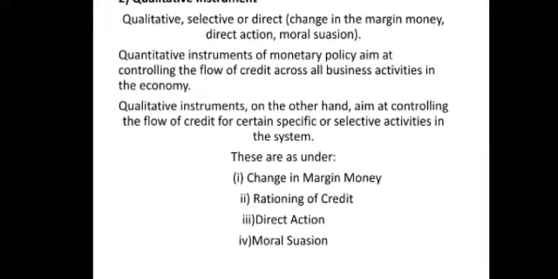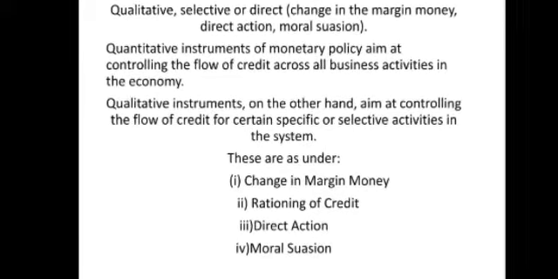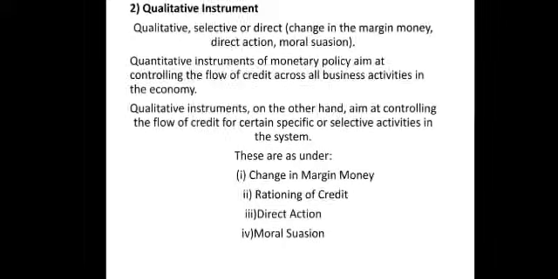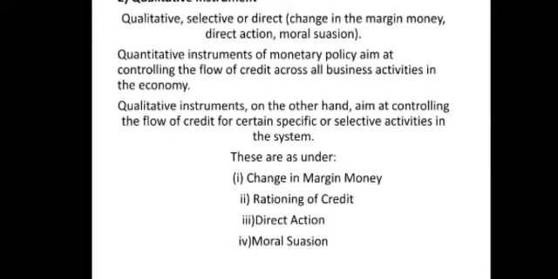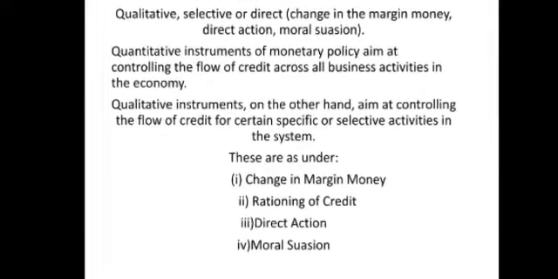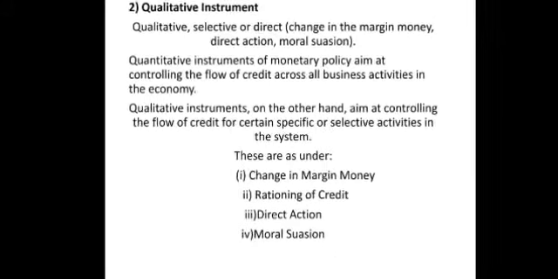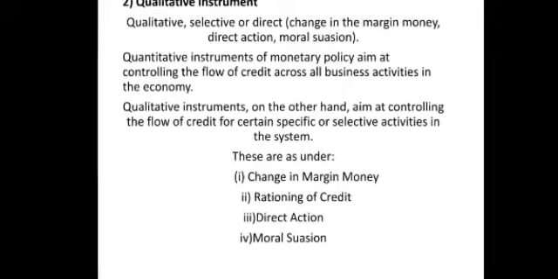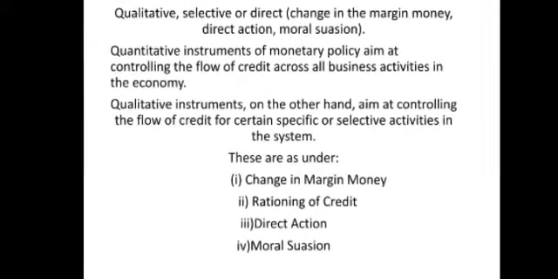Number 3, direct action. The central bank may initiate direct action against the member banks in case they do not comply with its directive. It includes the derecognition of commercial banks as members of the country's banking system. Number 4, moral suasion.